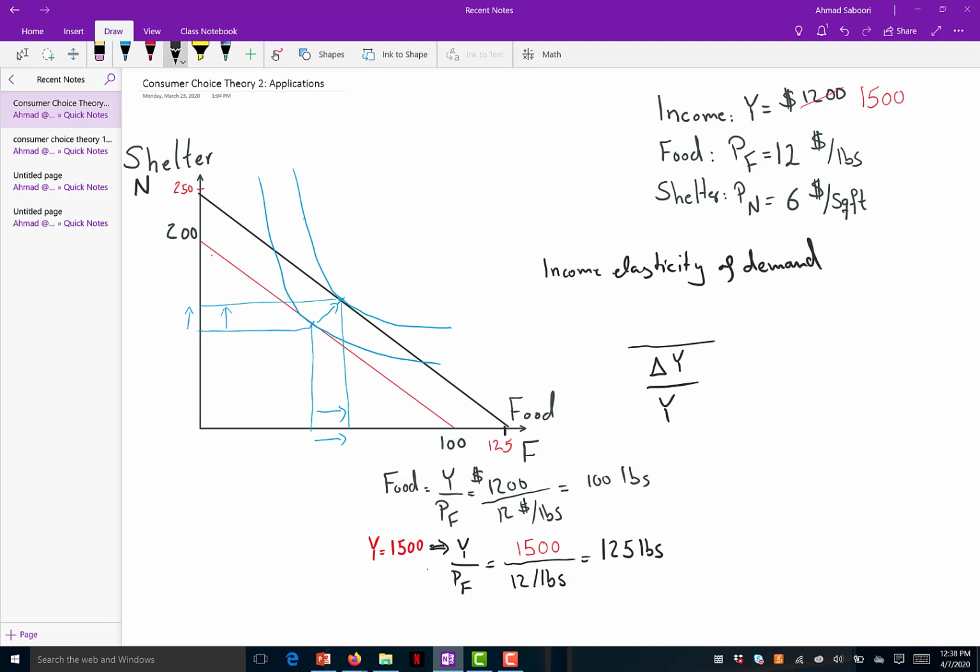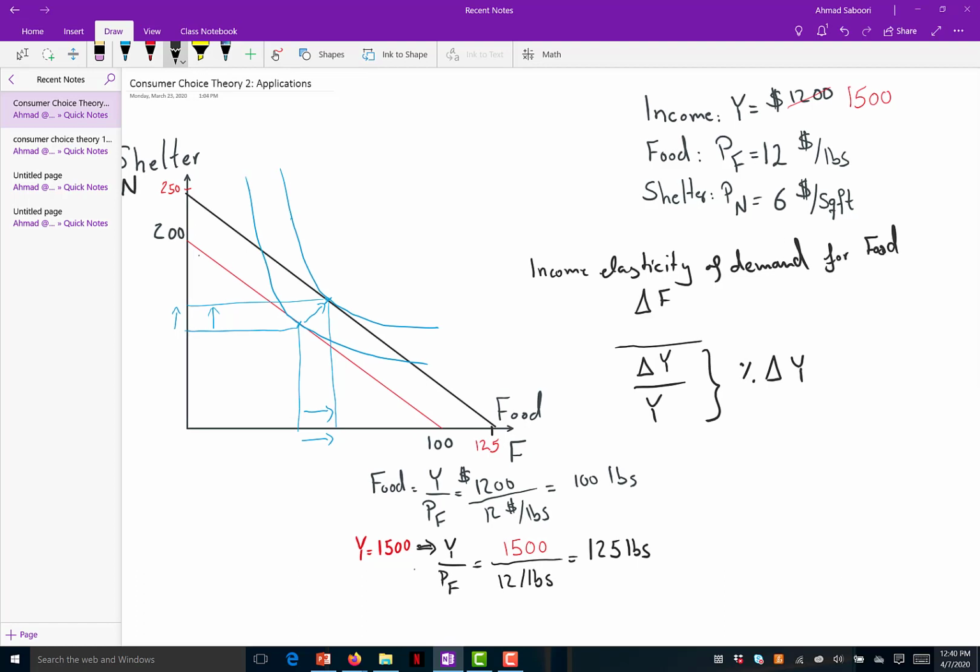So this is the absolute change in income, delta y. If you divide the absolute change of income by my income, what I get is the percentage change of income. We can also look into the percentage change of the demand for food.